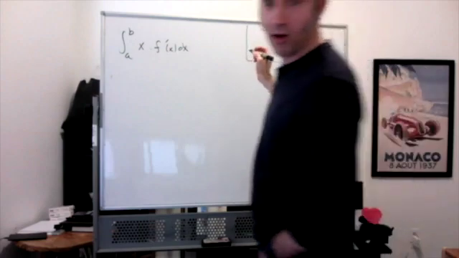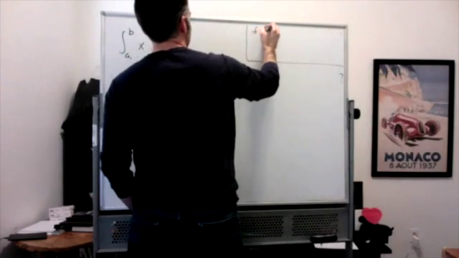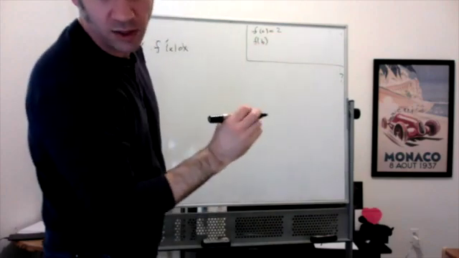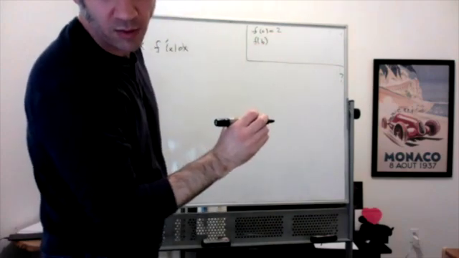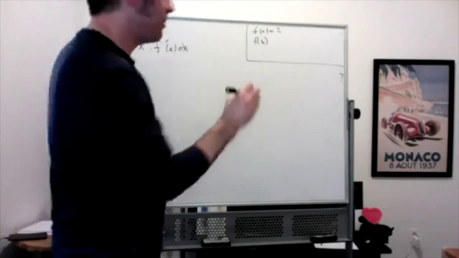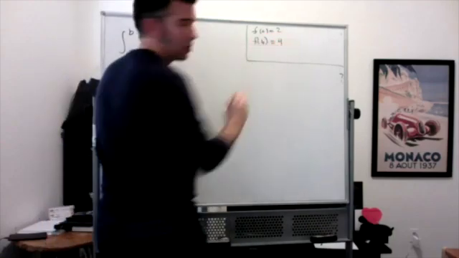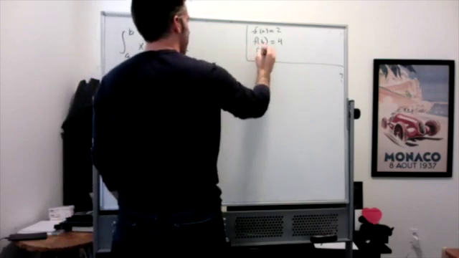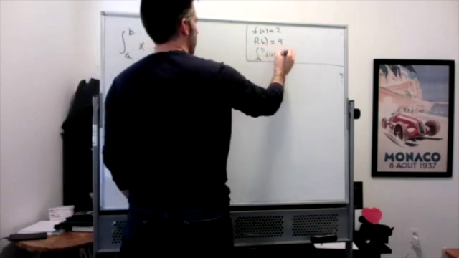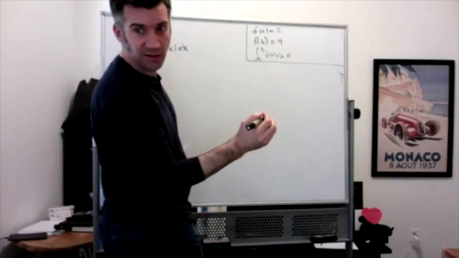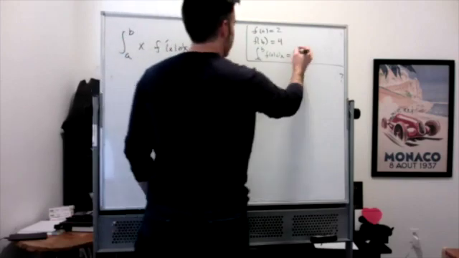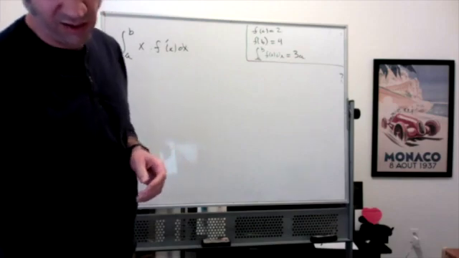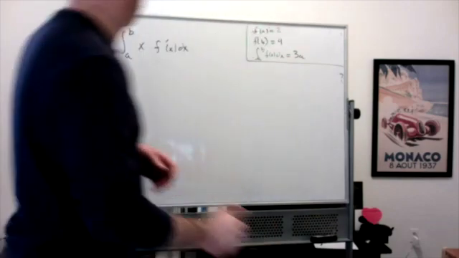So we know f of a equals 2, f of b equals 4, and the integral from a to b of f is equal to 3a. Yeah, okay. That's all I feel like we need at this point.